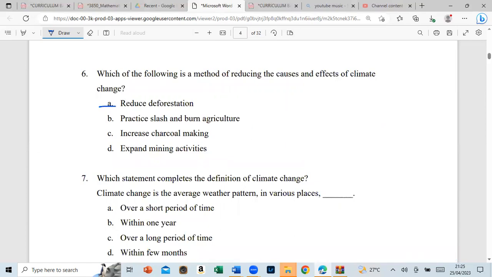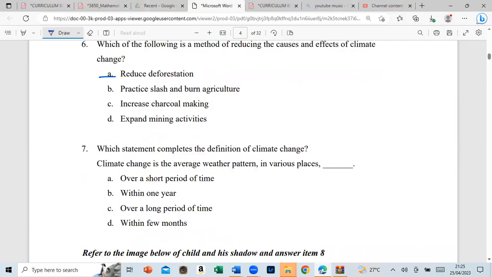Number 7, which statement completes the definition of climate change? Climate change is the average weather pattern in various places, blank, over a short period of time. B, within 1 year. C, over a long period. Or D, within few months. And that would be C, over a long period of time.